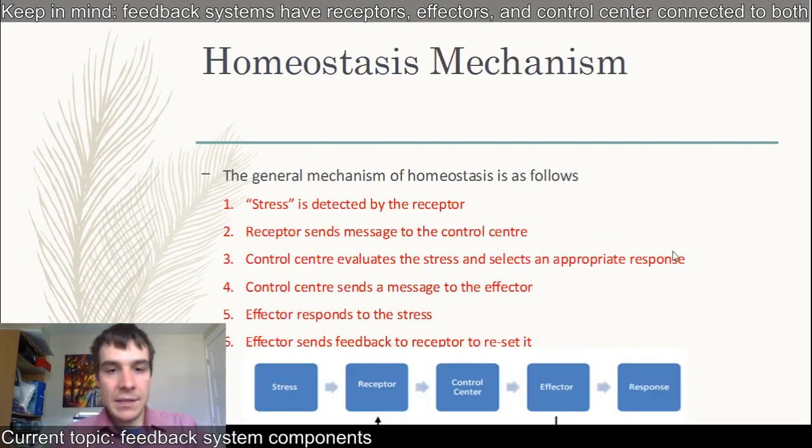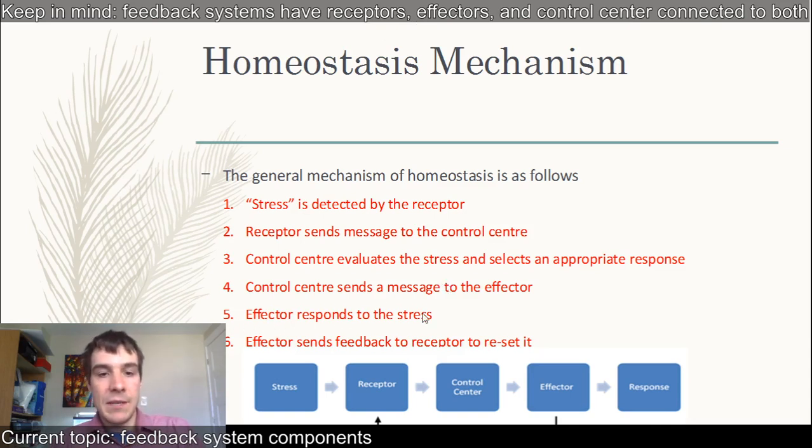Here's the general mechanism. First you have to detect the stress by the receptor. Then the receptor sends the message to the control center, usually with a nerve, sometimes with a hormone. The control center then decides what to do through a complicated series of steps. It's going to be connected somehow to the effector, so the control center has to be connected to both the receptor and the effector.